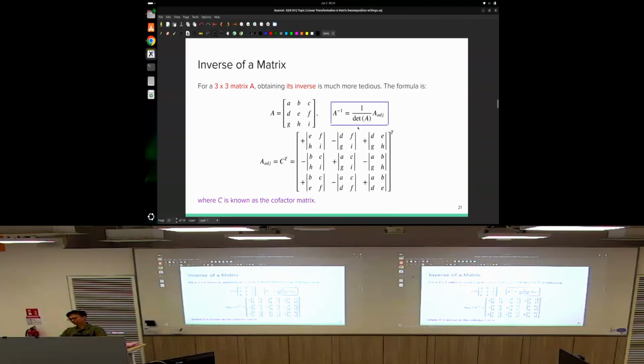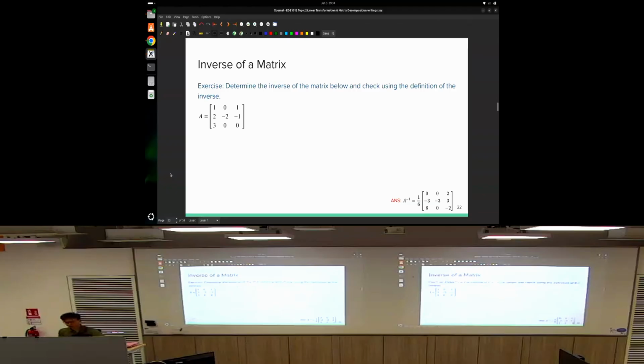Your A inverse will contain the adjoint in this form. So they condense this heuristic and just straight away tell you that it's this process. So to make it concrete, let's go through this exercise.